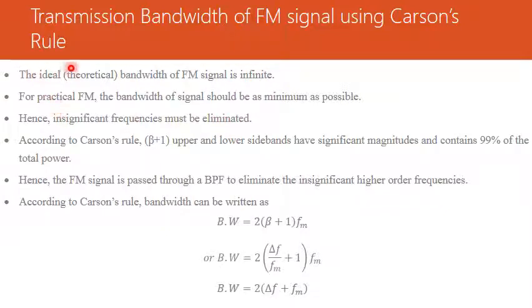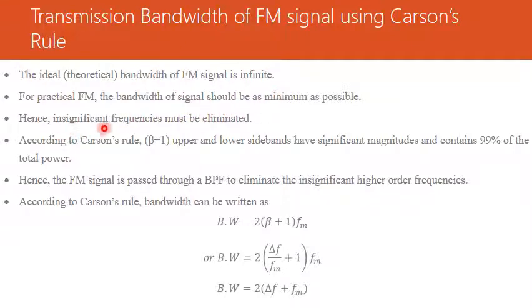But for practical FM, the signal bandwidth should be as small as possible. In communication we have to make sure that the signal bandwidth is as small as possible, like that of the channel bandwidth, then only are we able to accommodate more signals.